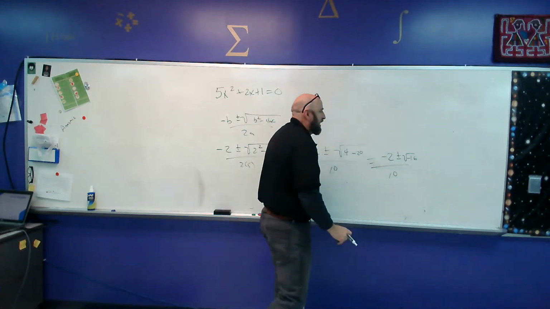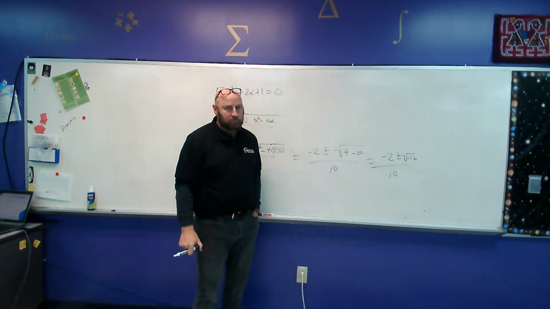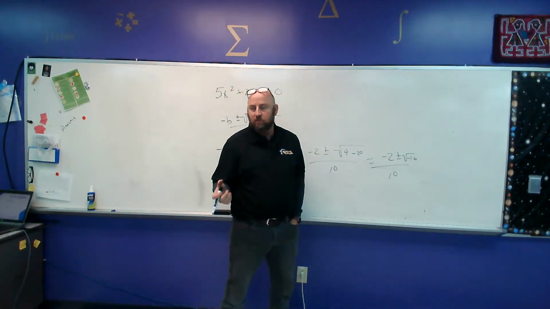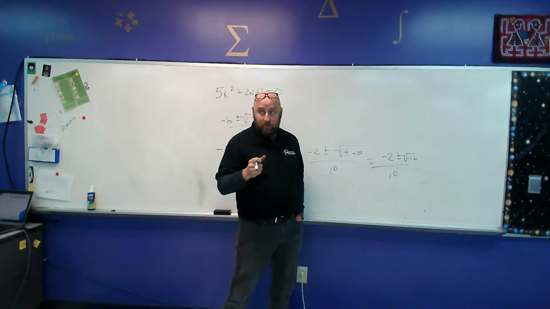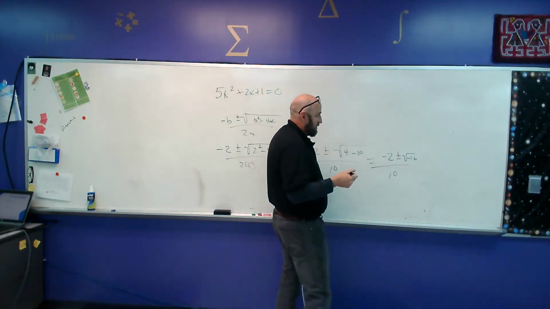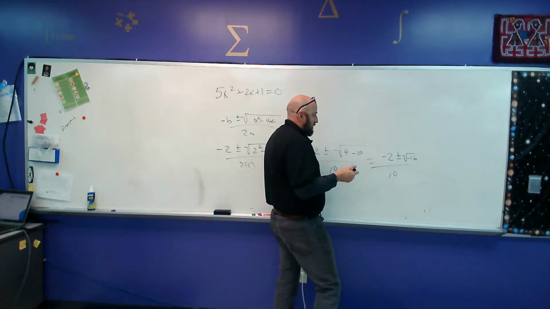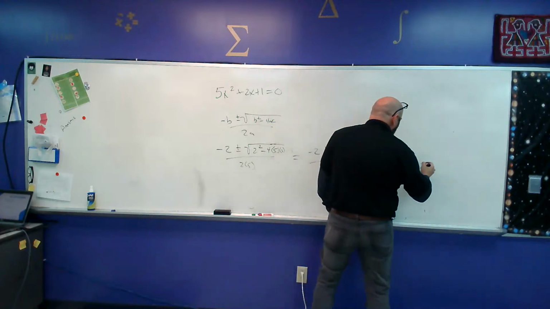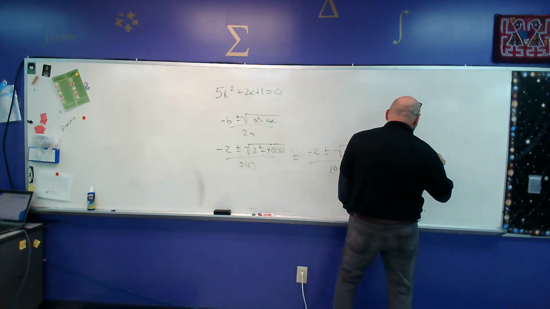Okay, so how do we simplify when we get there? This is where you use the complex. What do you think you do? Take as much of the square root out as you can. I don't know what you call that.